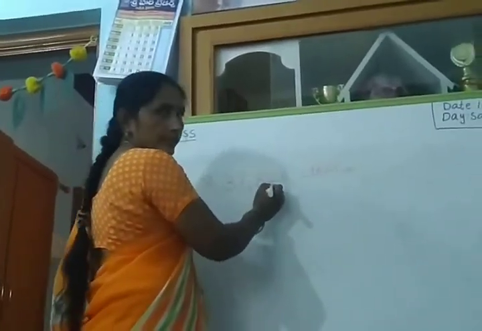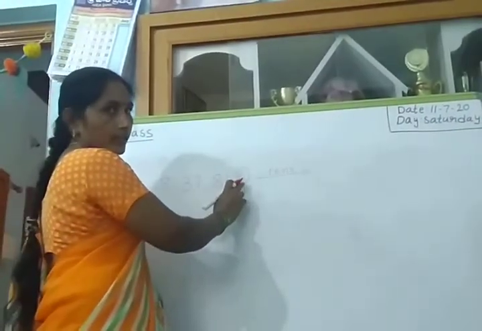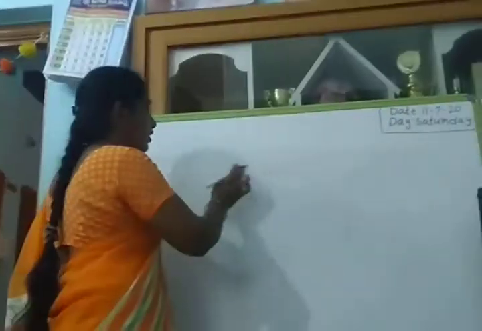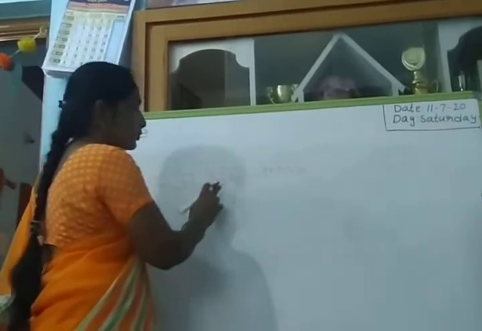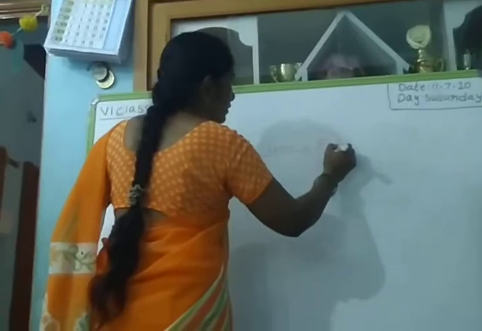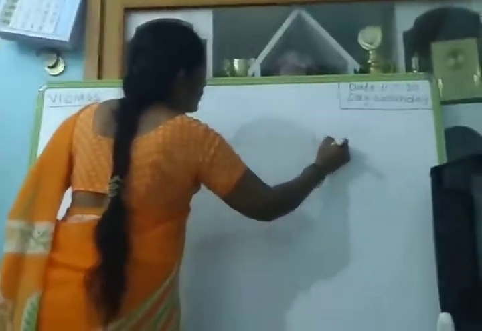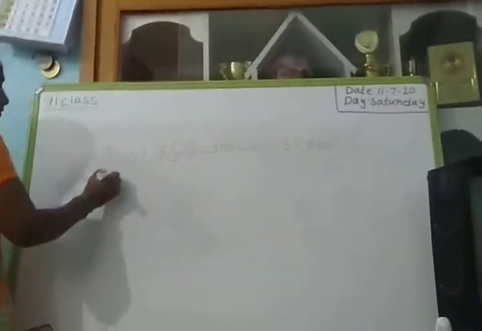When you are rounding the tens place, you see the ones place. What is there in the ones place? 6. 6 is greater than 5. So we have to add 1 to the tens place and make the ones place 0. So what do you get? 8,37,850.